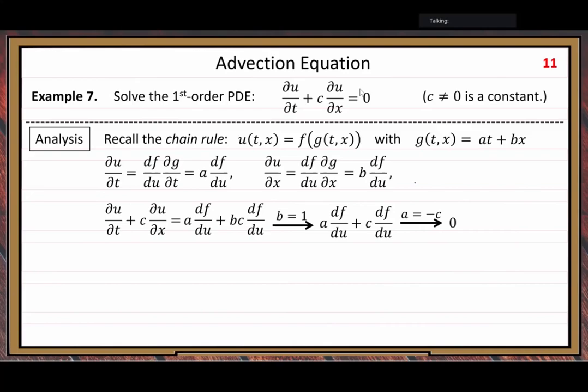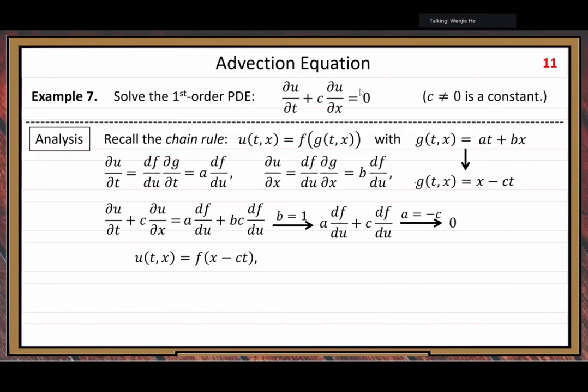That means when we choose b equals 1 and a equals negative c, that is, when we choose the g function as this linear function x minus ct, we find the solution form for the original equation. So in that case, the composite function u can take f of x minus ct.